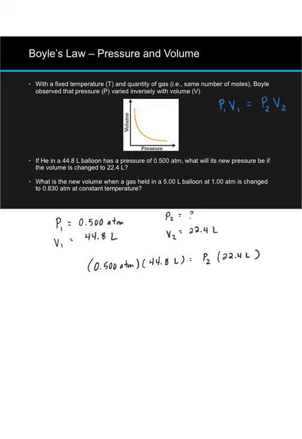We can divide both sides by 22.4 liters to solve for P2. When we do, liters cancel out on the left-hand side, and we'll just be left with atmospheres. 44.8 divided by 22.4 is 2, times 0.5, keeping 3 significant digits, is 1.00 atmospheres.